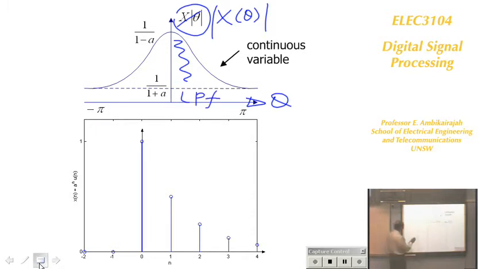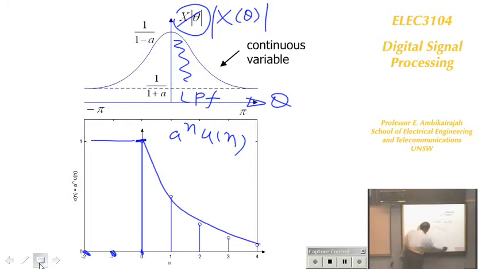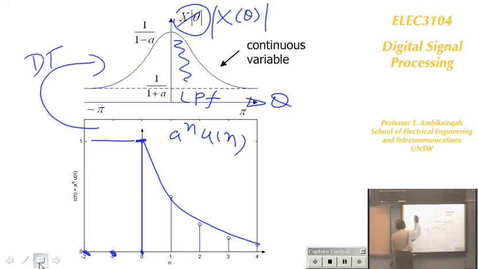And if you plot the signal itself, that is a to the n, un, at n equals 0 it's 1, amplitude is 1, here's all zeros, and the signal behaves like that. That's your discrete time Fourier transform, and then you plot the magnitude of X theta.